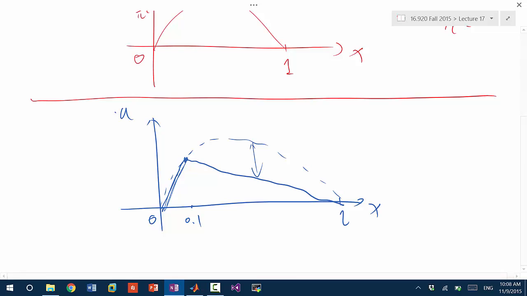If you think of how to minimize the error of the gradient, since I'm restricted to piecewise linear functions, I'm restricted to piecewise constant gradients. Minimizing the error of the gradient means I'm just going to take the average gradient and apply that to my piecewise linear function.